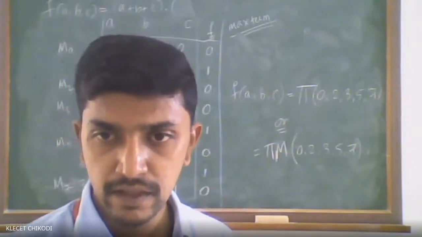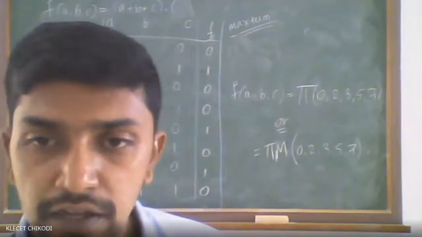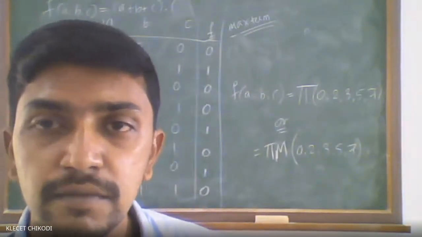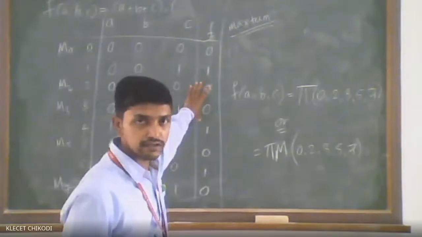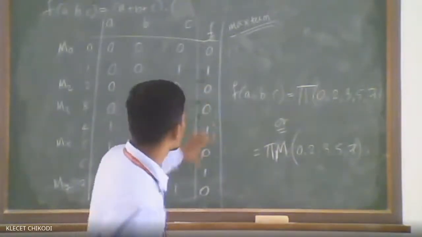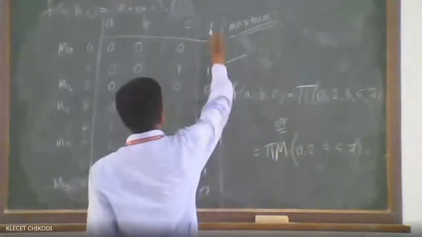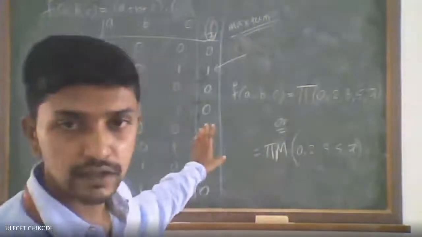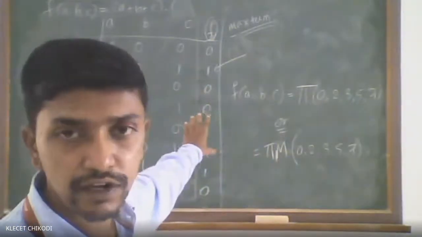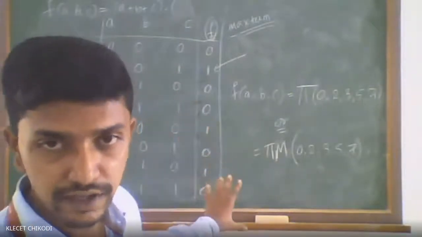Fine. How to write the function value? Somebody has asked me how to write the function value. Here we have not considered any logic earlier. This is the question they have mentioned directly. So what you are asking is how we have written these function values, right? They have given the truth table directly, and we have considered that truth table as it is here.